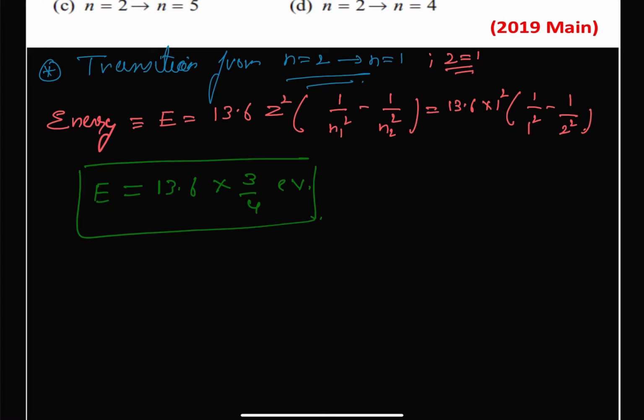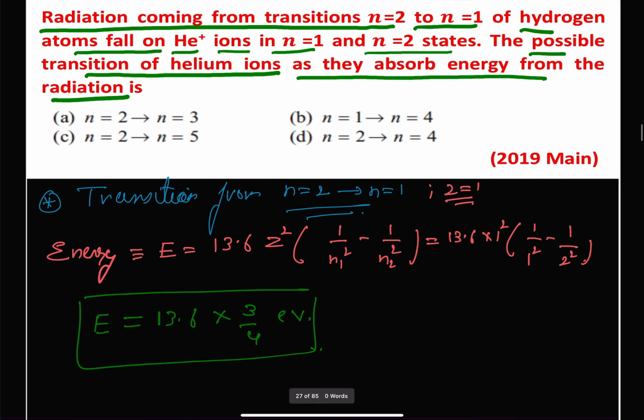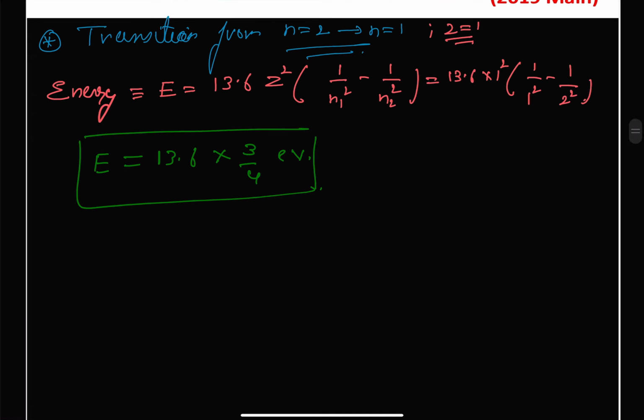And we are going to make a comparison that this amount of energy will be absorbed by the helium ions, and we are given the various states of the helium ion. So based on these states, we are going to find the energy and compare it with the energy of the hydrogen.